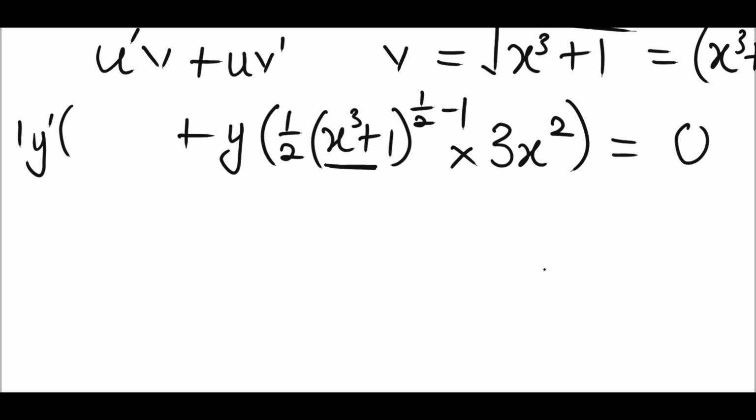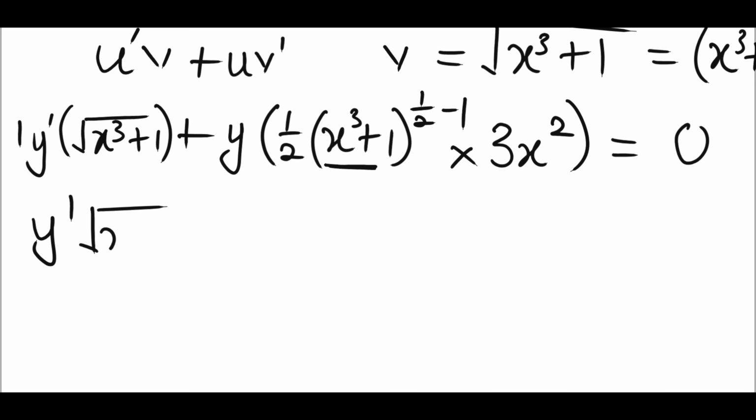Then you bring the original v value, which is the square root of x cubed plus 1. All right. That is okay now. So 1 times y prime gives us y prime multiplied by the square root of x cubed plus 1.